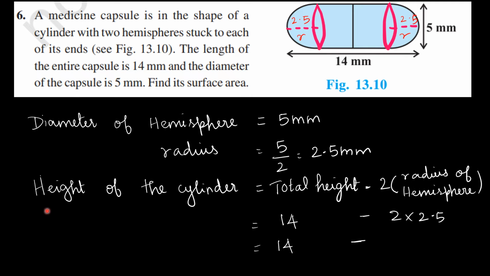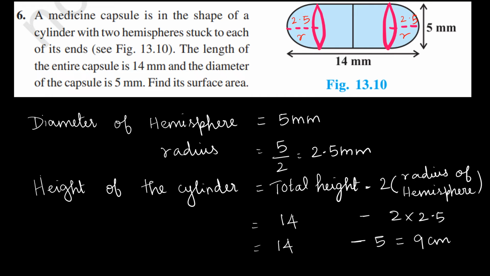See here, height of the cylinder equals total height, 14, minus 2 into the radius of the hemisphere, because there are two hemispheres, one at the left and one at the right. So 14 minus 2 into 2.5, which is 5. 14 minus 5 is 9.